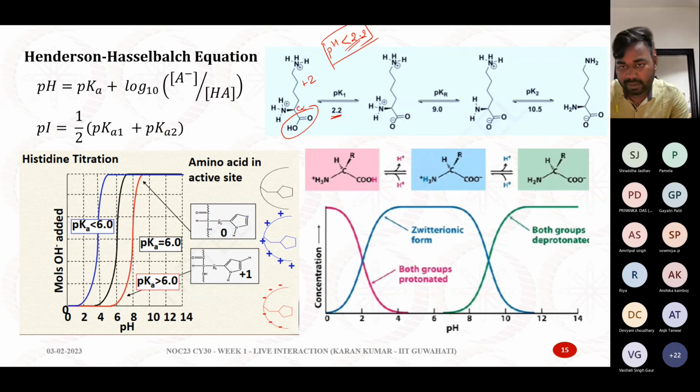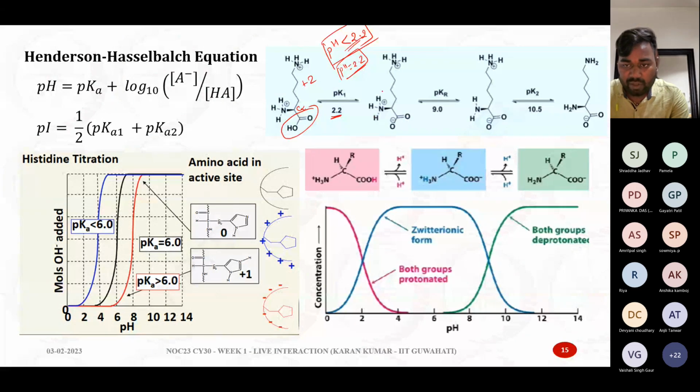But at pK1 of 2.2, which means at a pH value of 2.2, this alpha carboxylic group will lose its proton and hold a negative charge.